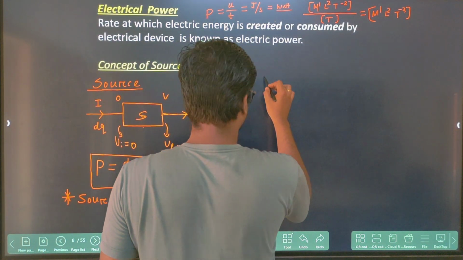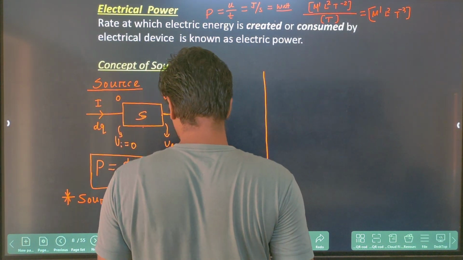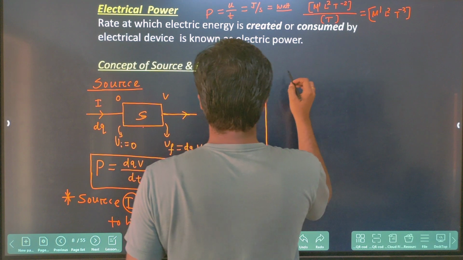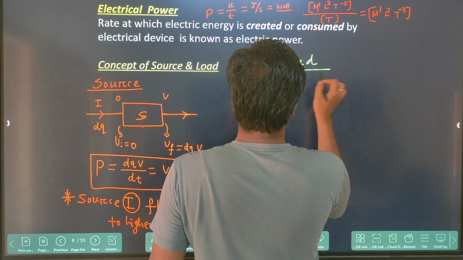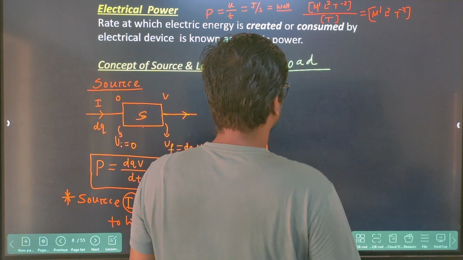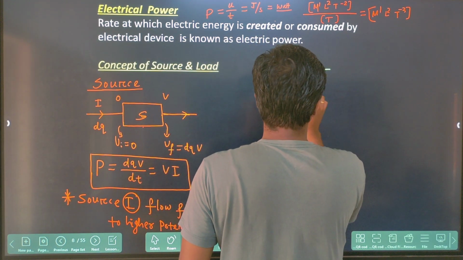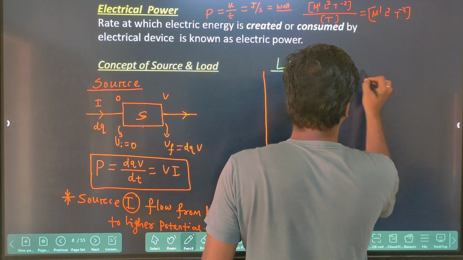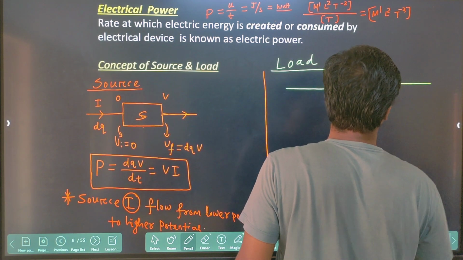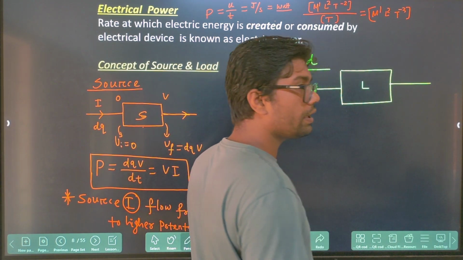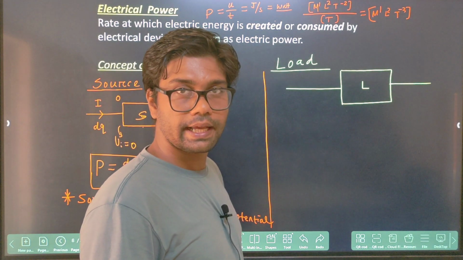Now we'll see for the load. What will happen for the load? So basically in load, let's take this is a load, right? In the load, it will consume the electrical energy.